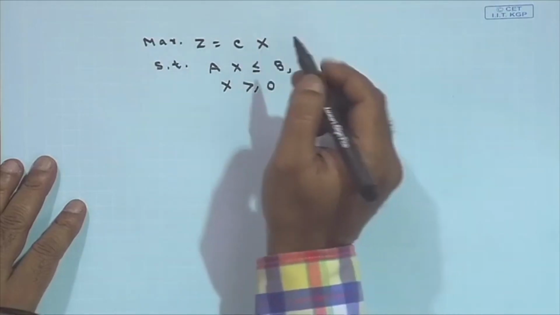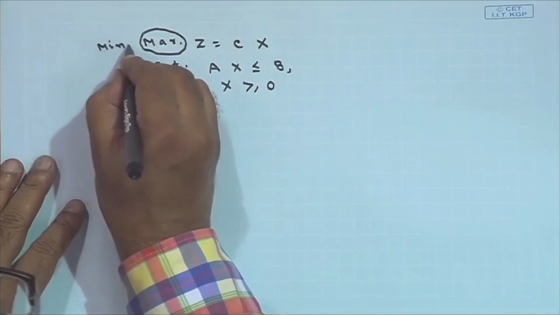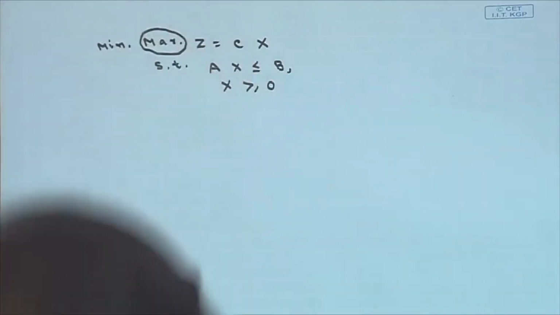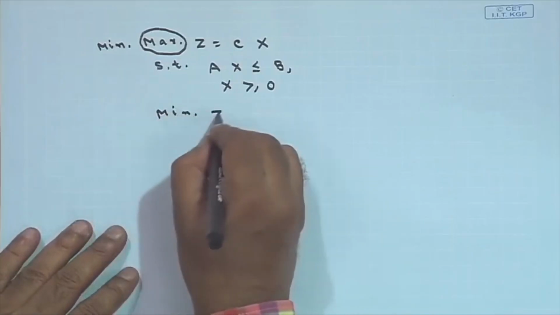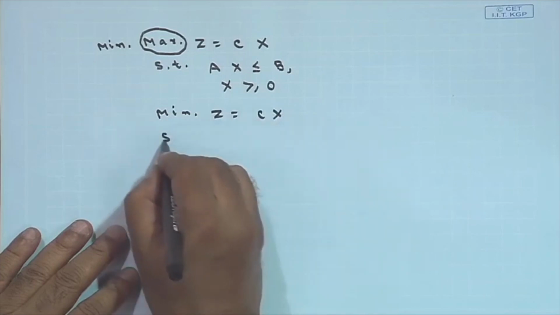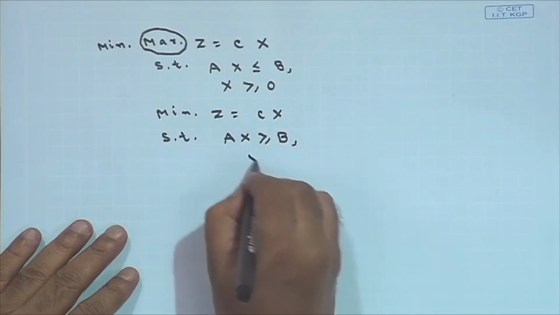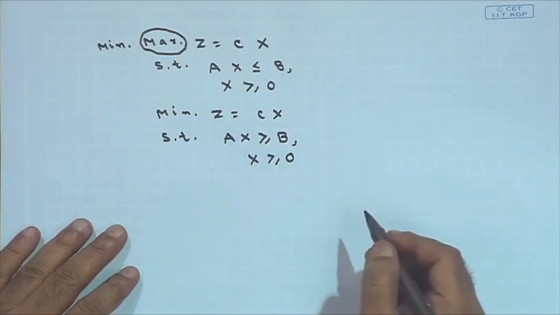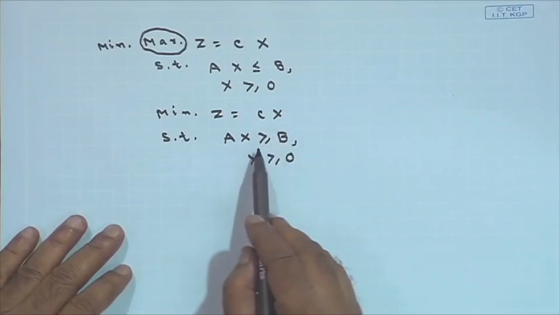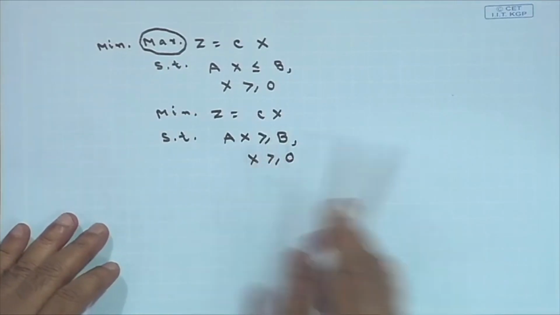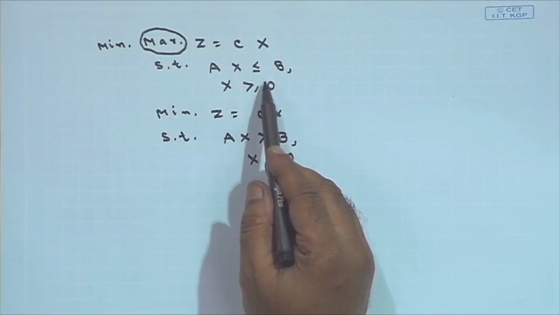If I have to minimize the problem, then in place of maximize it will be minimize the function. In general, we write minimize z equals Cx subject to Ax greater than equals B and x greater than equals 0. So, for minimization the constraint we are taking is greater than equals, and for maximization we are taking the constraint as less than equals.